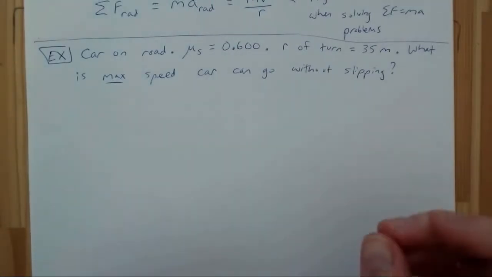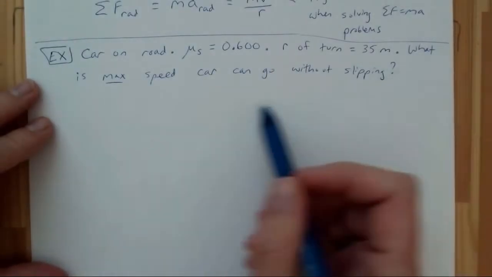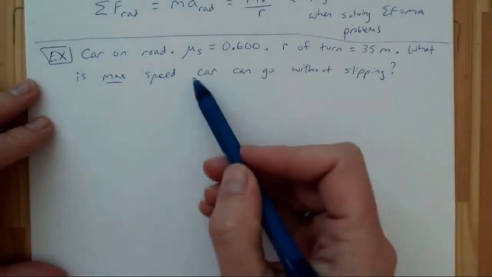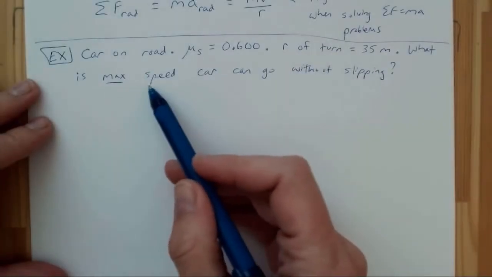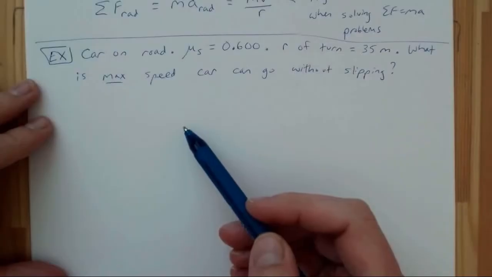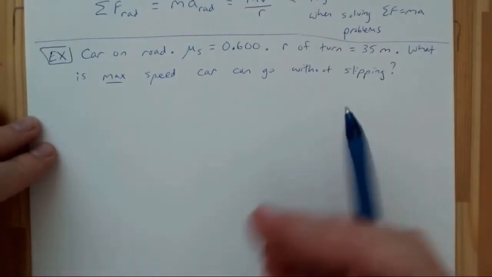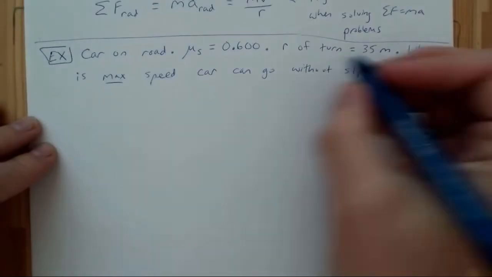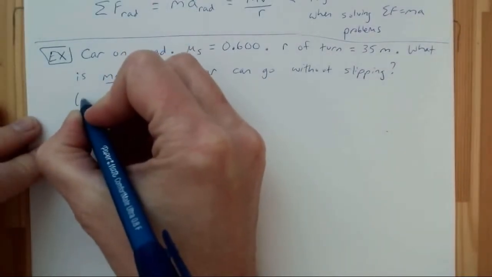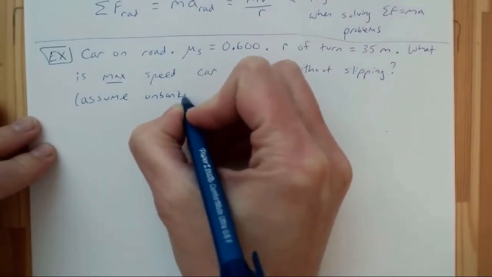A skidding tire would be kinetic friction, a rolling tire is static friction. So if you're moving too quickly during that turn, then the force of static friction isn't going to be enough to hold you on the turn, and the car is going to skid, and its inertia takes over. For this, we're going to assume what's called an unbanked road.